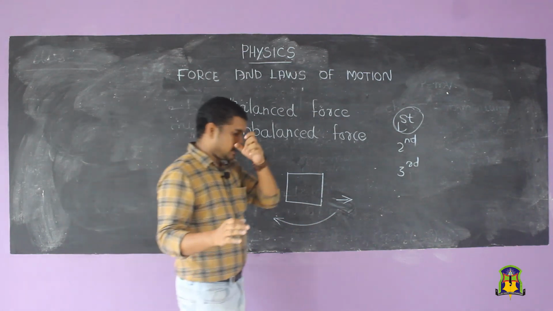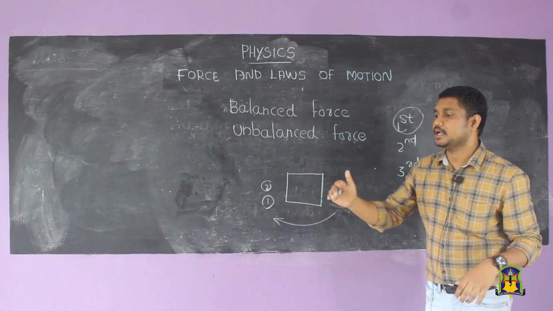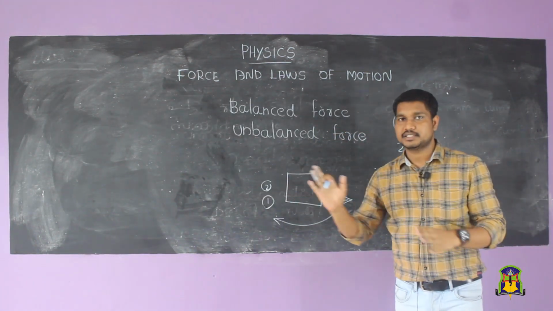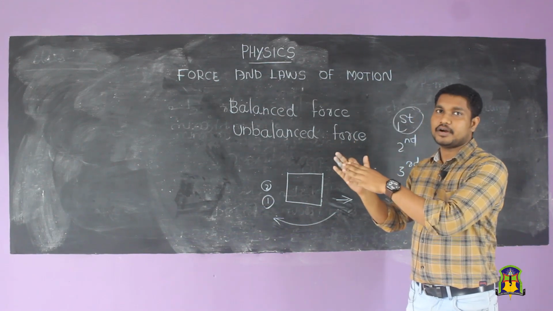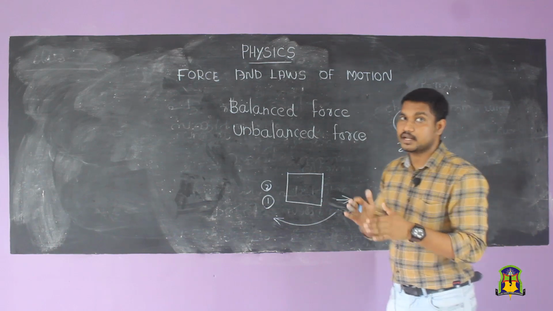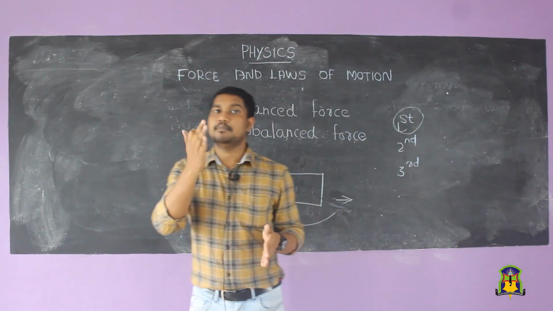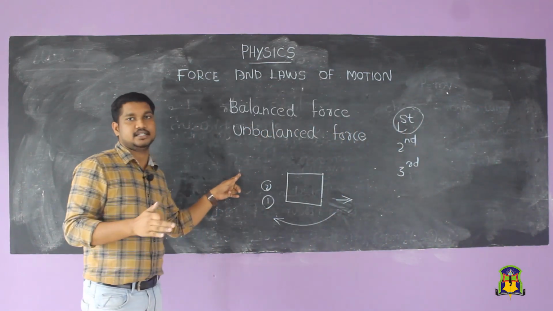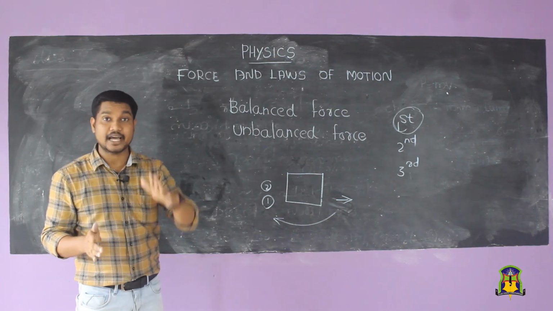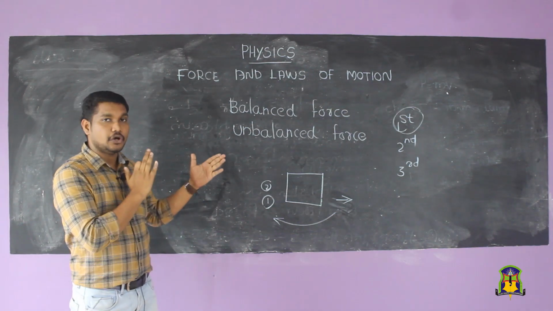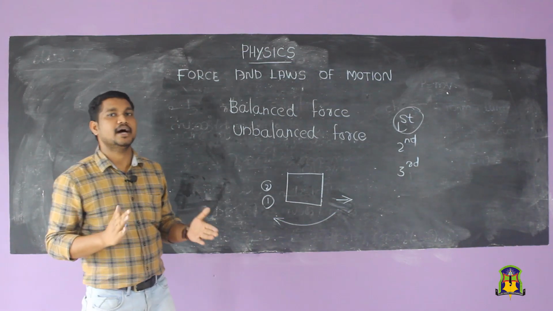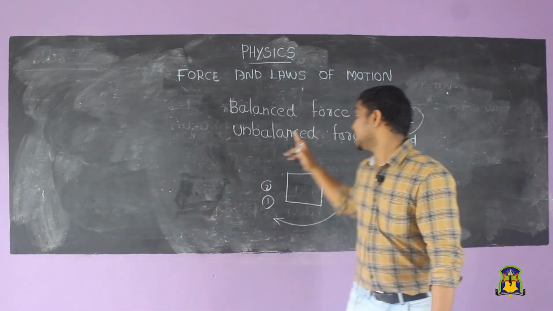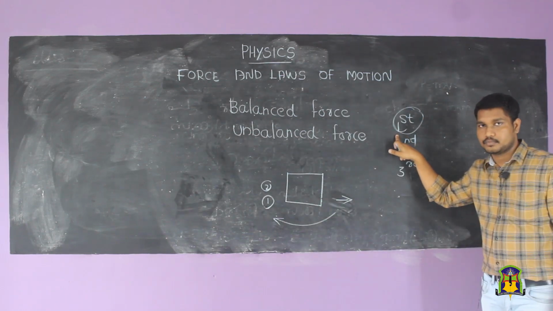For example, if you are throwing a ball and another boy is there, trying to catch that ball. So when the second boy tries to catch, the ball comes to rest, and the ball was initially in the moving position. That means if there is no external force acting on a body, it will remain in its state. This is the first law.